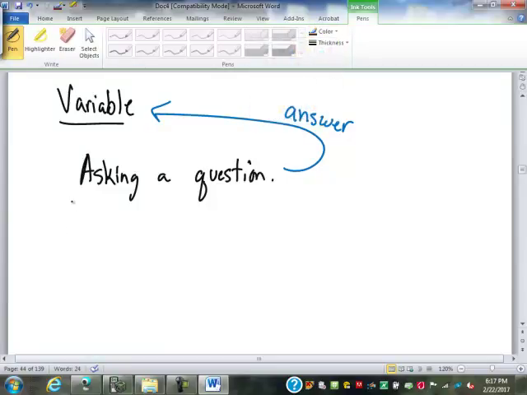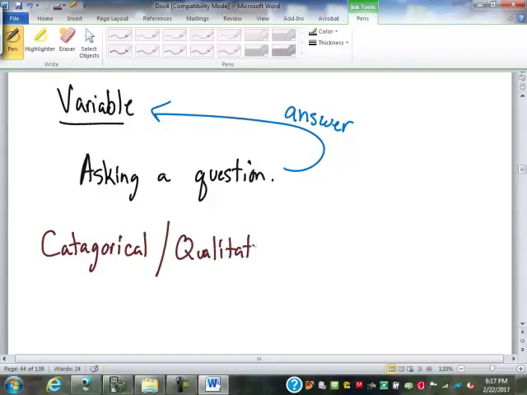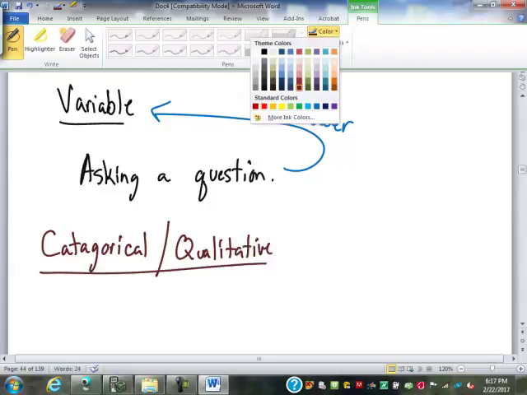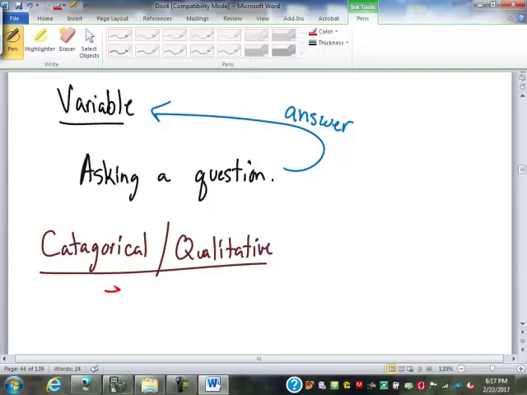That variable can be categorical, or sometimes called qualitative. I prefer the term categorical because if that variable is categorical, the answer puts you into a category.